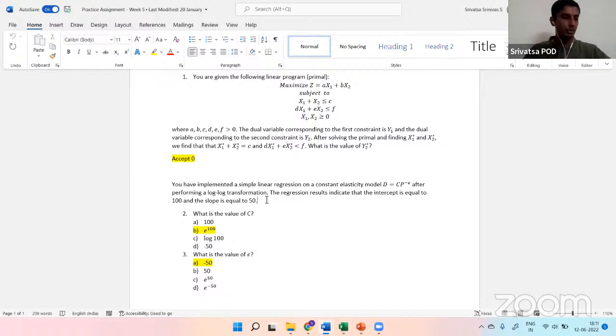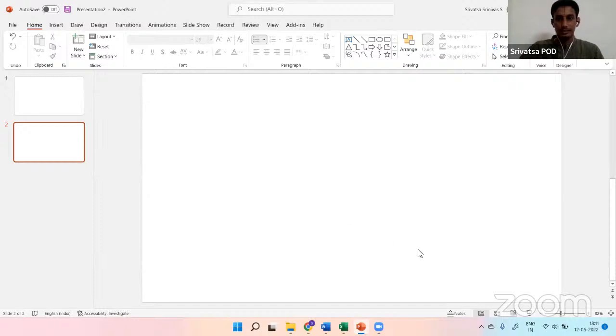So the way you would approach this problem is to first convert this D equal to C into P power minus epsilon into a linear regression after performing a log-log transformation, right? So let's work through that. What you have is D is equal to C P power minus epsilon.